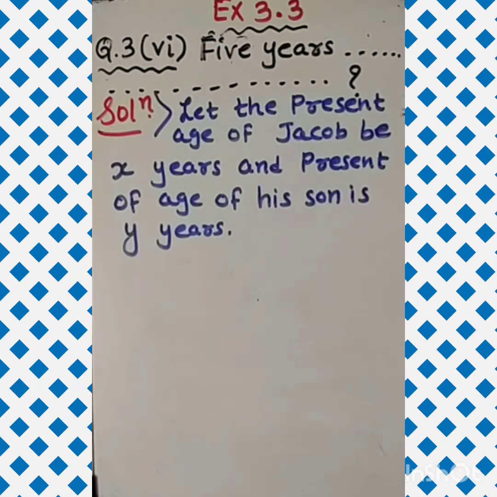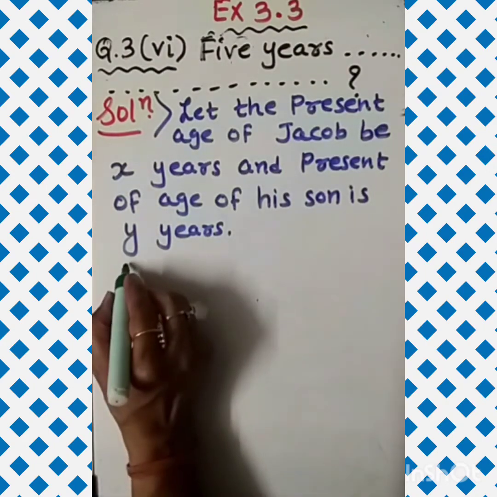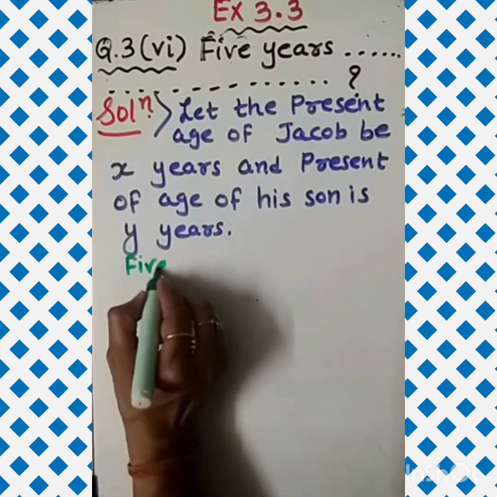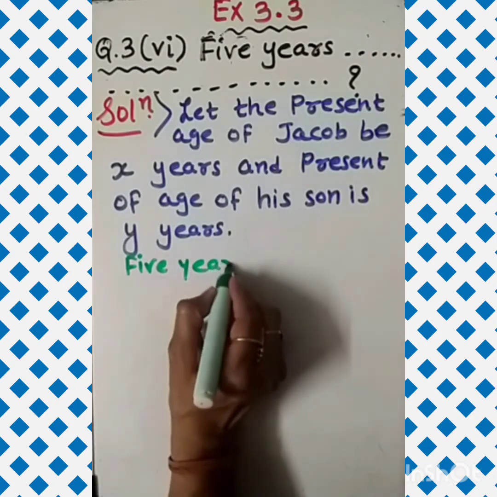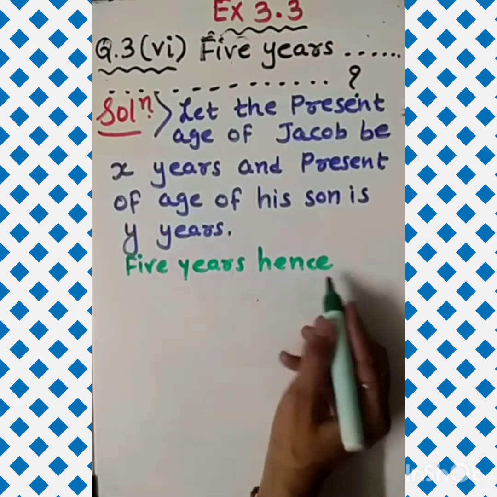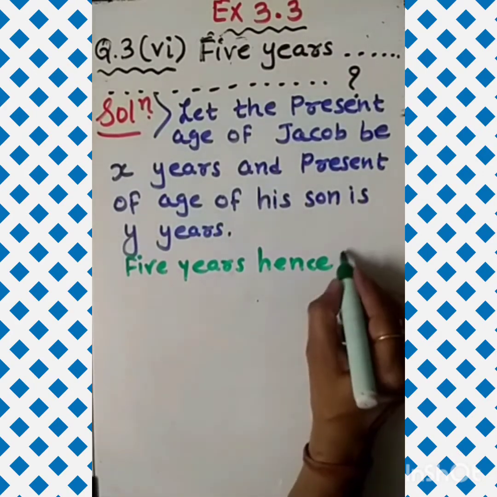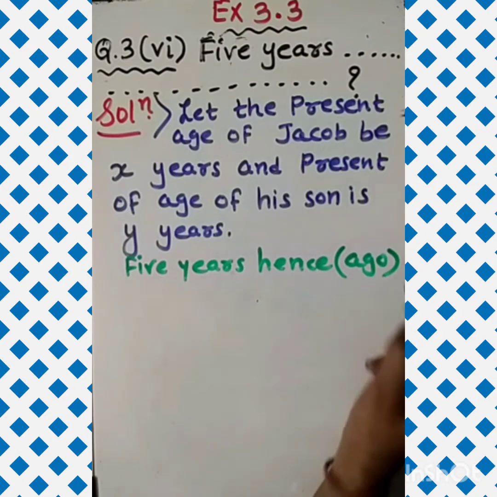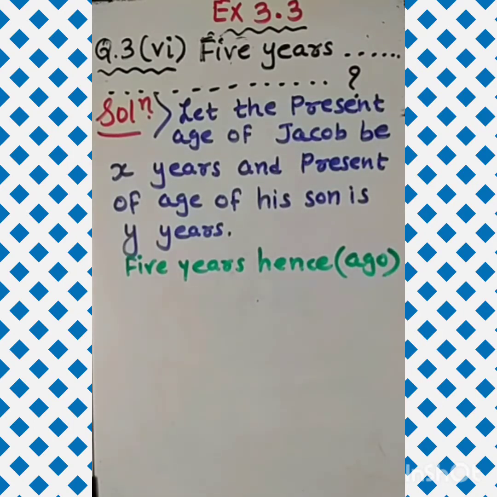In the beginning line you are given 5 years hence. Now what do you mean by 5 years hence? So we need to mention here first case, 5 years hence. 5 years hence means 5 years from now, sorry, not ago.